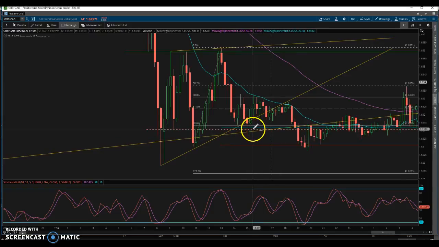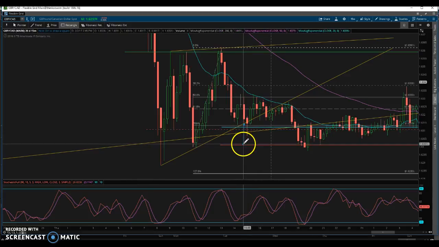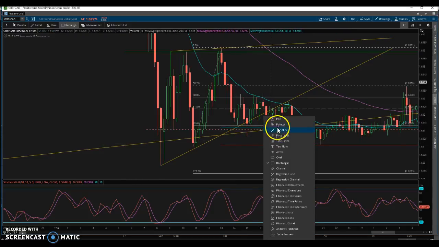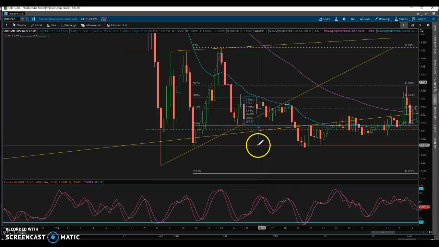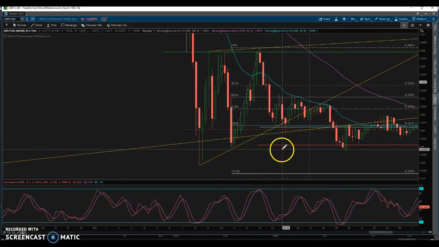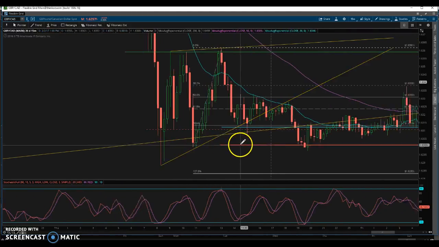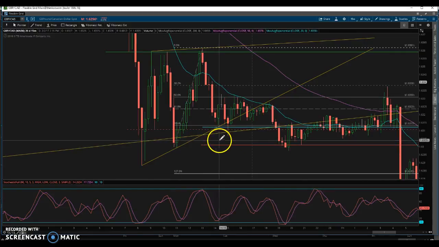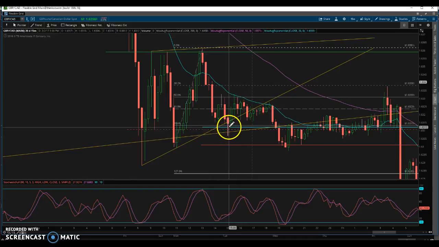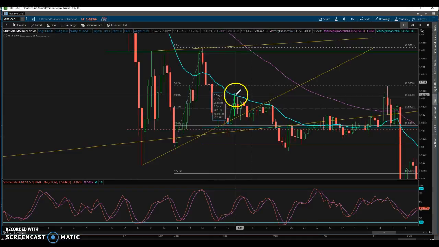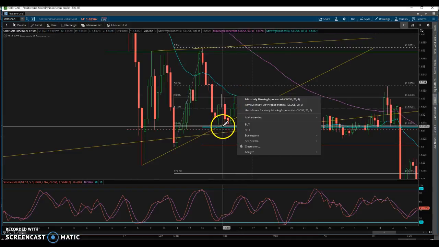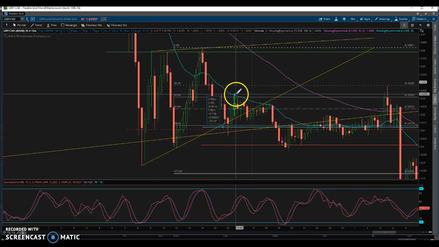Blue line was my entry. Red line was my stop. So literally just like 11 pips is what it was. Not a whole lot. It was essentially these previous lows here. And we had a nice nearly 20 pip move off of it on my entry here.